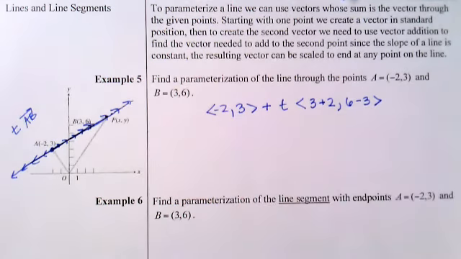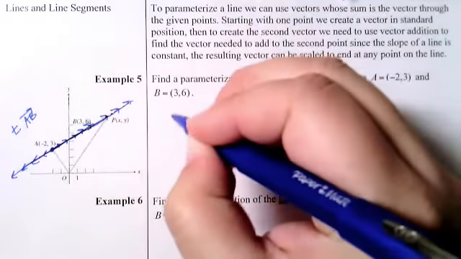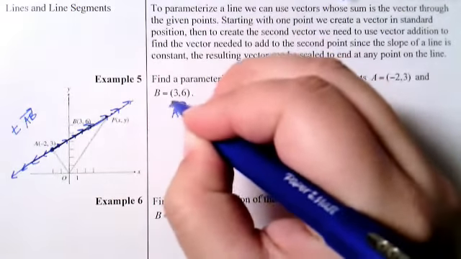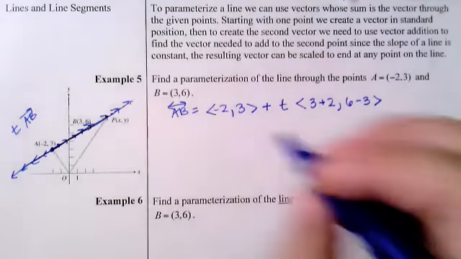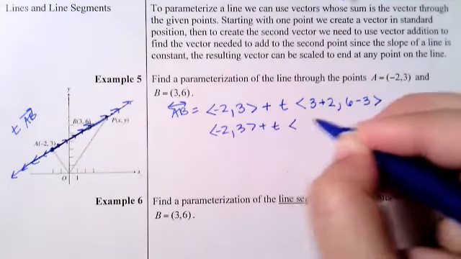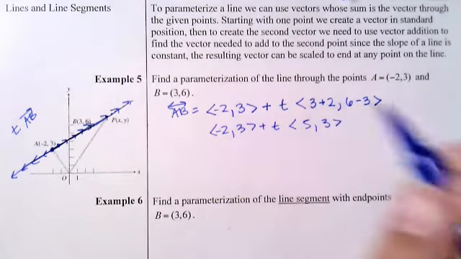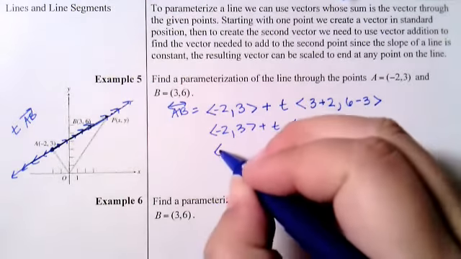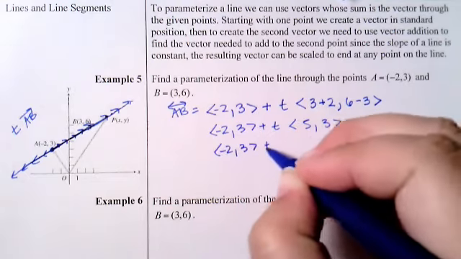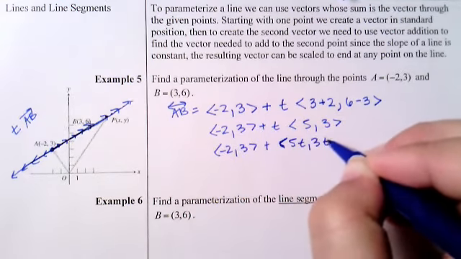And then from there, we're just going to go ahead and solve. And that's going to give us a parametrization of the whole line, line AB. So we continue to solve. 5, comma 3. And then distributing, quote unquote, distributing that t. 5t, 3t.